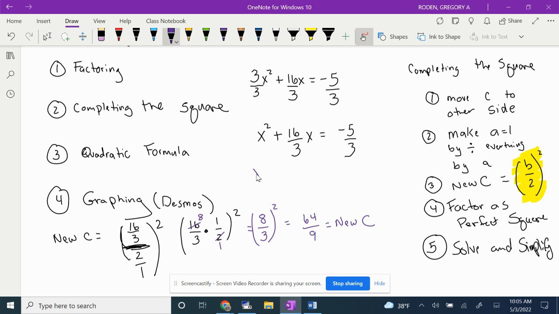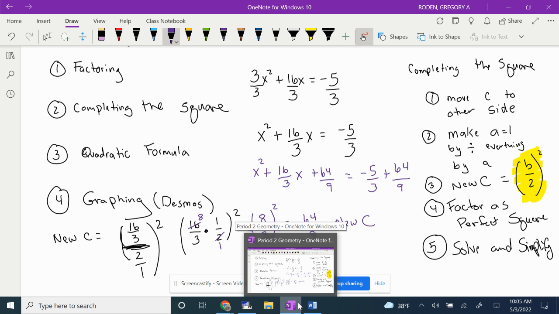So now I'm going to get x squared plus 16 over 3x plus my new C, which is 64 over 9, equals negative 5 over 3 plus 64 over 9, because I've got to add it to both sides.